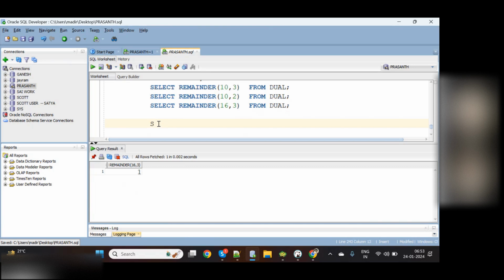Coming to mod, what is mod? Mod works in a similar manner. Let me use mod of 10 comma 3 and keep both in the same query, remainder of 10 comma 3.